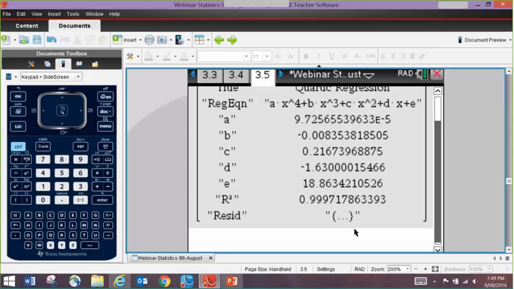You'll notice that when you do other regressions other than linear, you no longer have the Pearson's correlation coefficient of little r, but we have this capital R squared, which is a goodness of fit for the data points. So it's like an error measurement. And once again, the closer it is to either positive or negative 1, the better the fit.